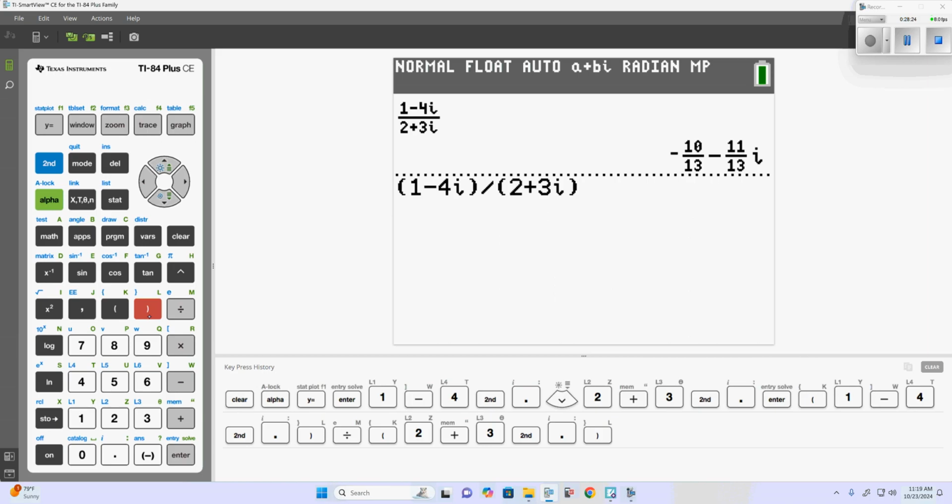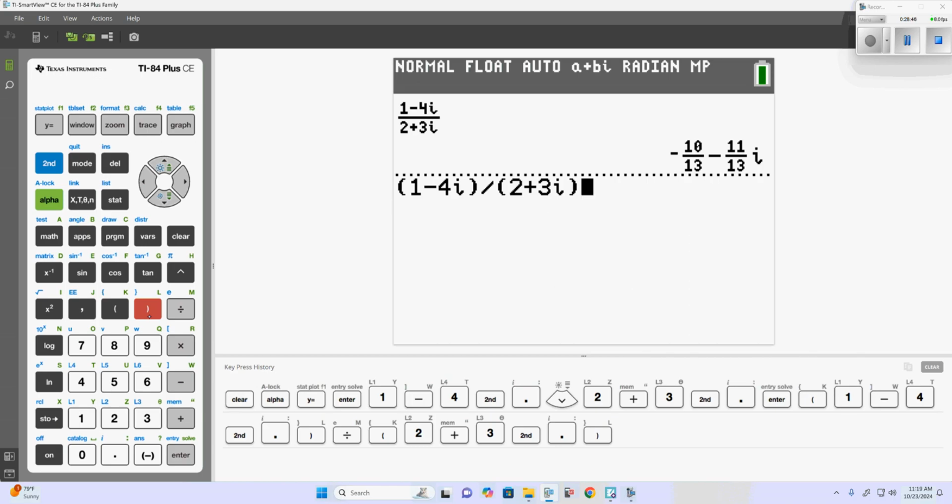So we do parentheses, the numerator, the top, close parentheses, divided by parentheses, the bottom, close parentheses. It is going to be important to put parentheses around it, because if you don't, it's mainly just going to divide the negative 4i by 2.